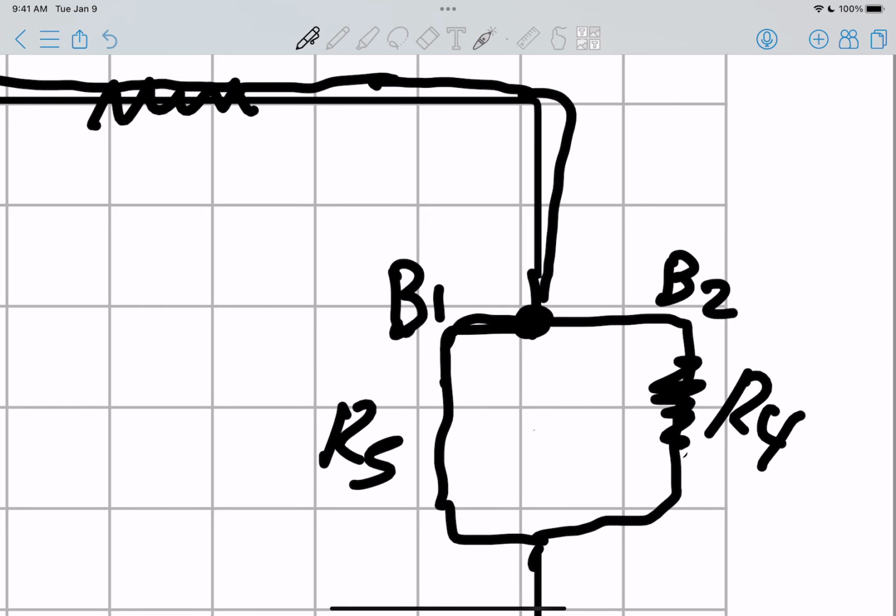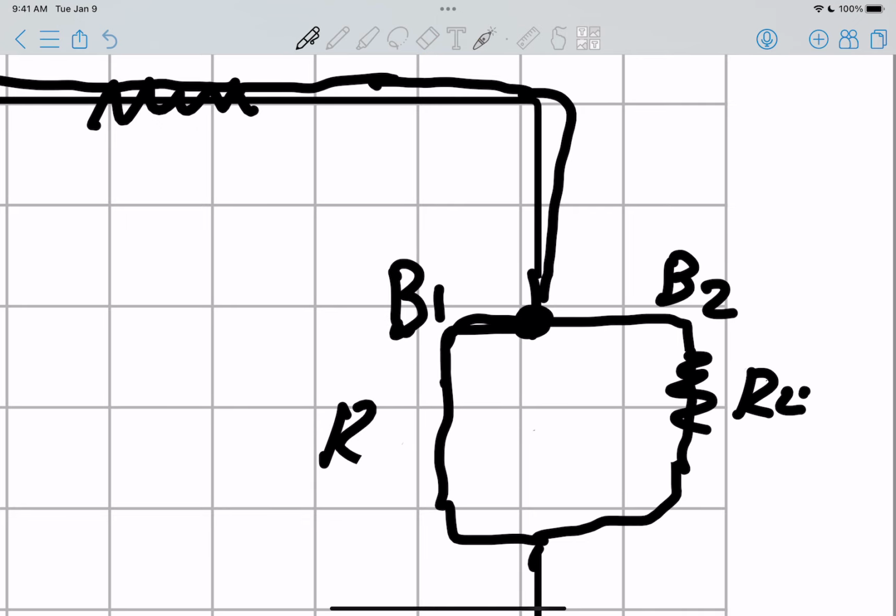What if I had along this second branch not only R4, but also, let me adjust the values here, R4, then R5 over here, and this was R6. What do you notice about R4 and R5? They're part of the same branch, branch 2, but what about them? Are they in parallel or in series with each other?